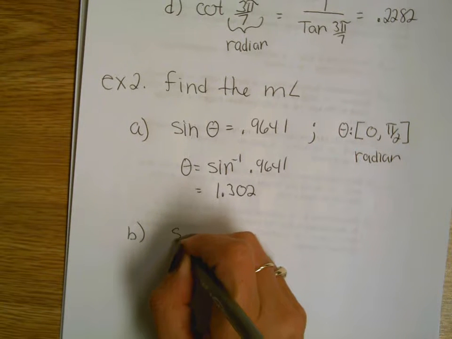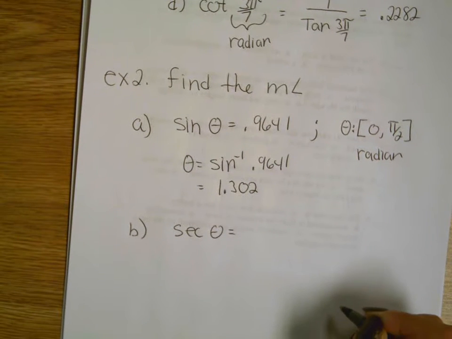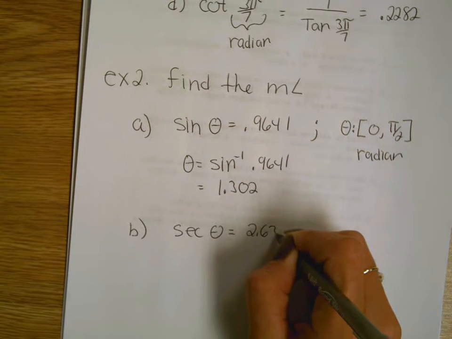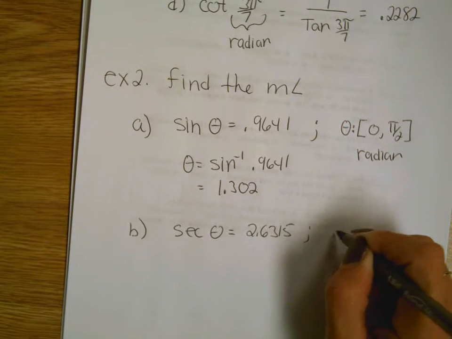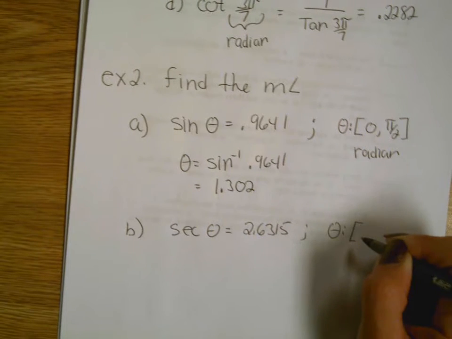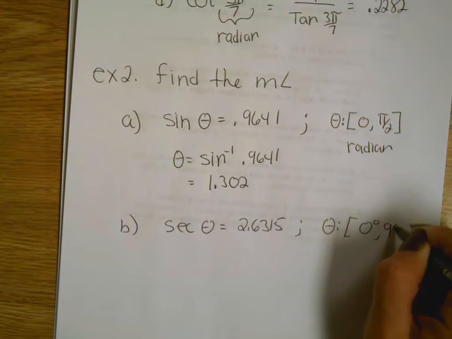What if I want the secant of an angle whose ratio is 2.6315, but this time I want that angle to be between 0 degrees and 90 degrees?